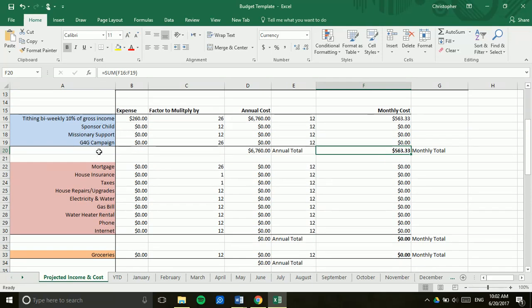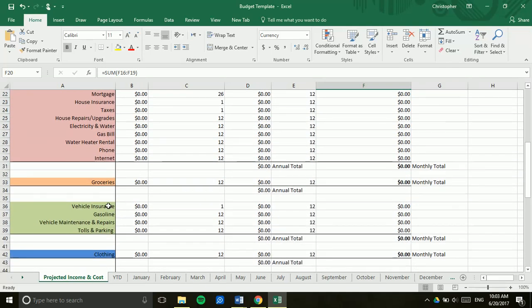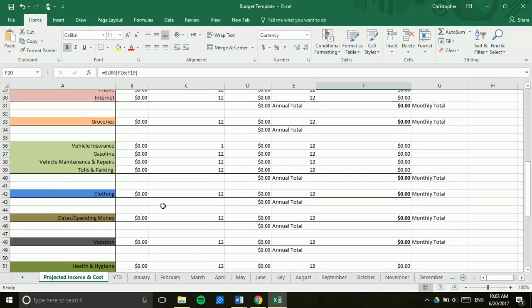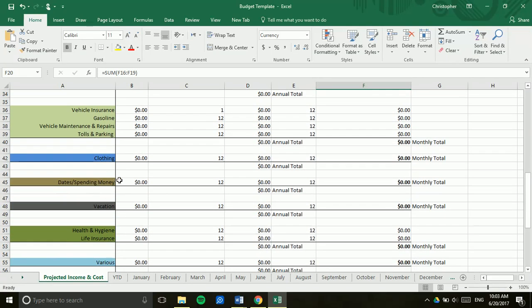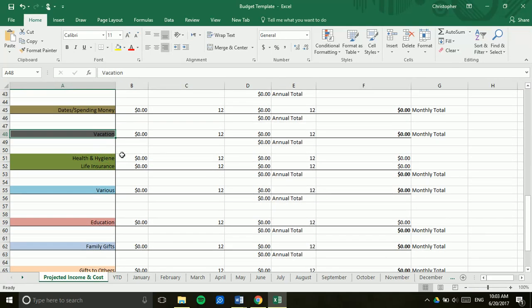This would be giving, this one is housing, this is groceries, this is vehicle, automotive, transportation, your clothing category, your dates or spending money, your vacation or trips, health and hygiene, through some life insurance there.